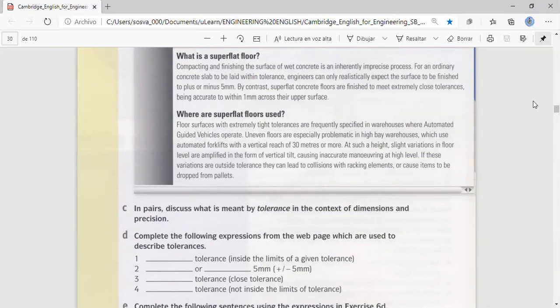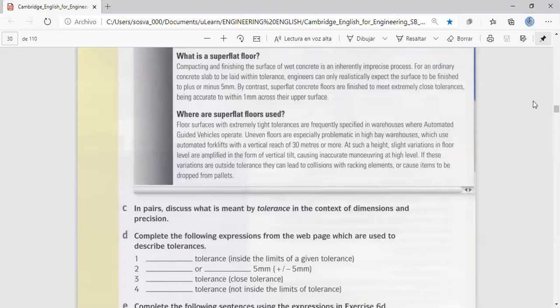We have one paragraph with extremely close tolerance, very accurate, within tolerance. To make it a little bit easier, the first two expressions go with the first paragraph, and expressions 3 and 4 go to the second paragraph.